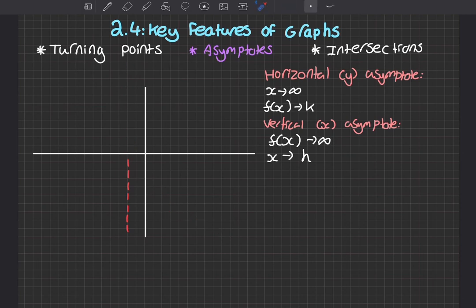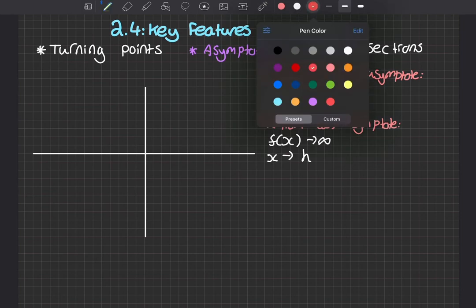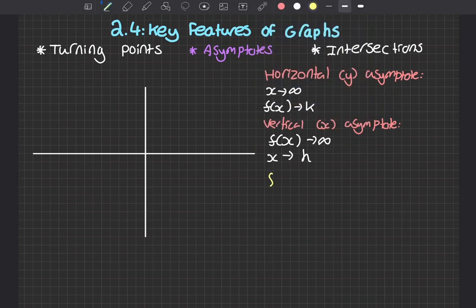And let's have a quick example to show what exactly this means. So let's say you have the function f of x equals 3 over x plus 1, minus 2. How do you calculate the asymptotes here? Well, let's start with the y asymptote.